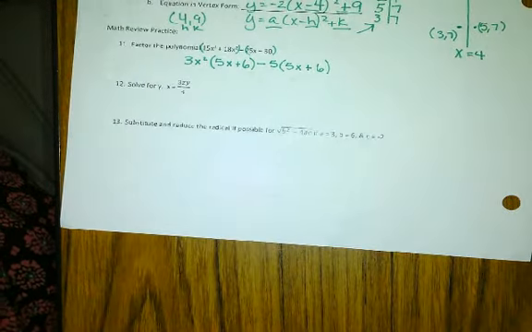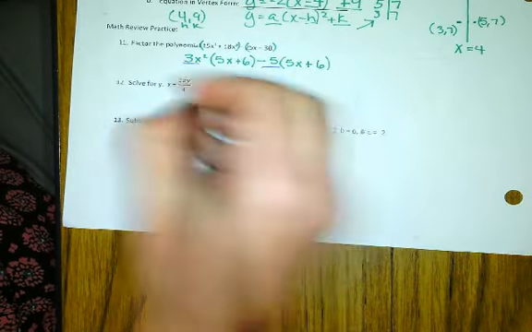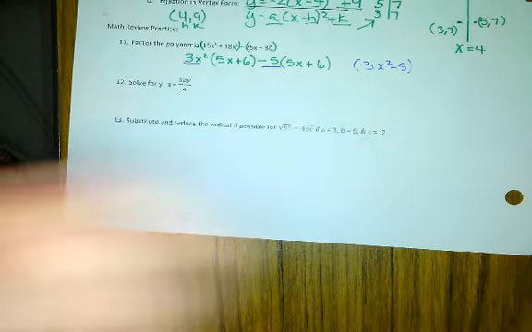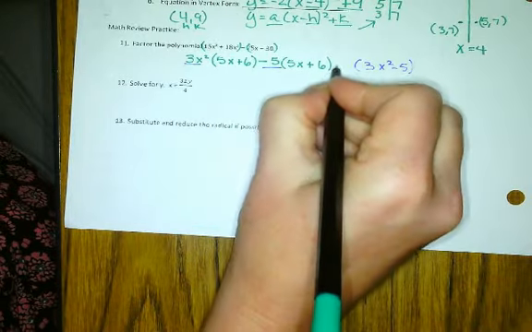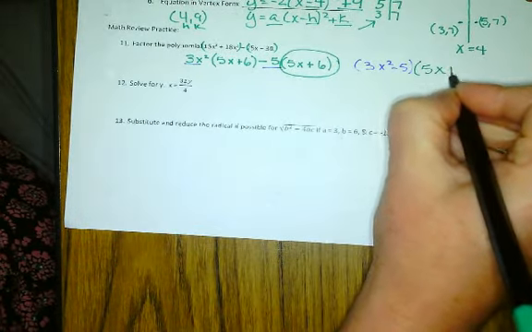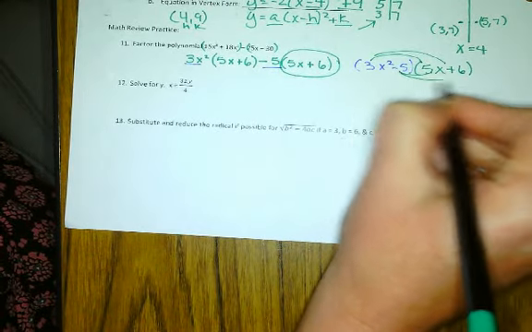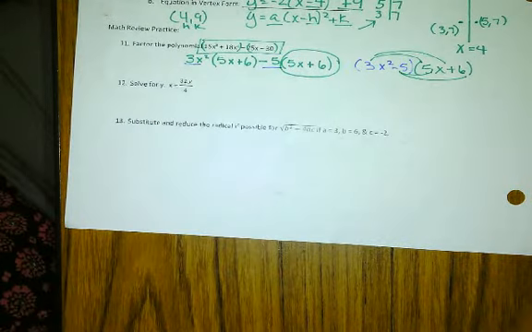So this is one set of parentheses here: 3x squared minus 5. And then the other set of parentheses will just be what you have here: 5x plus 6. And if I were to actually multiply all that out, I would get back to this.